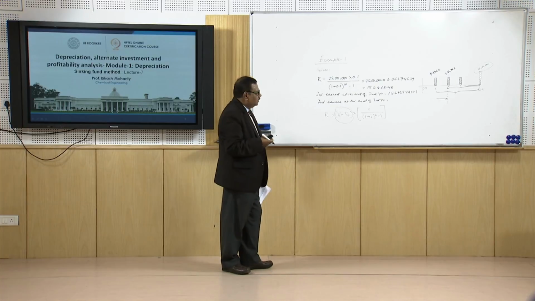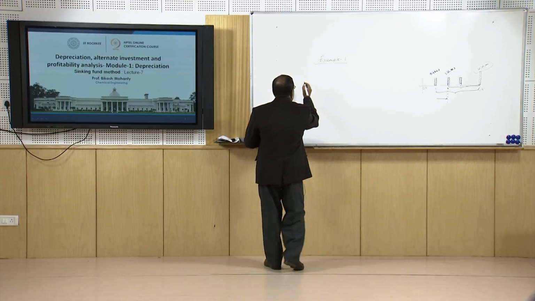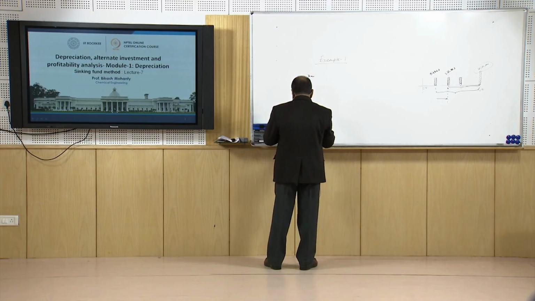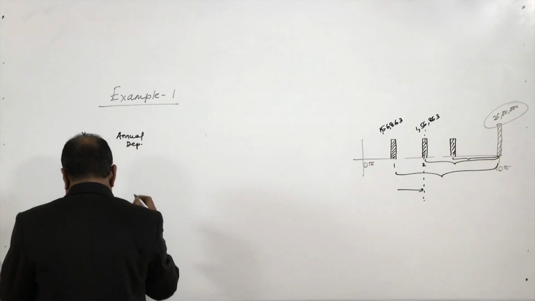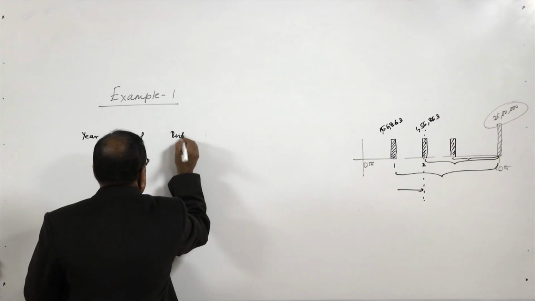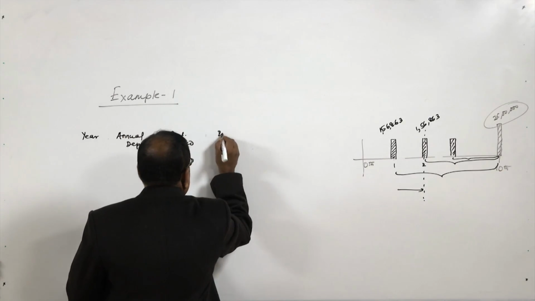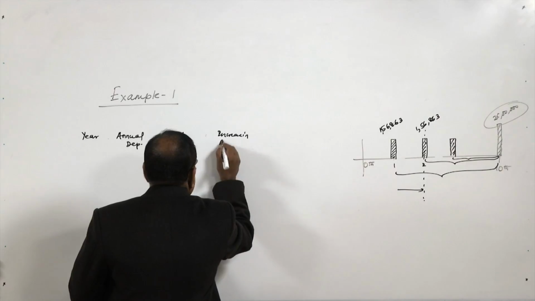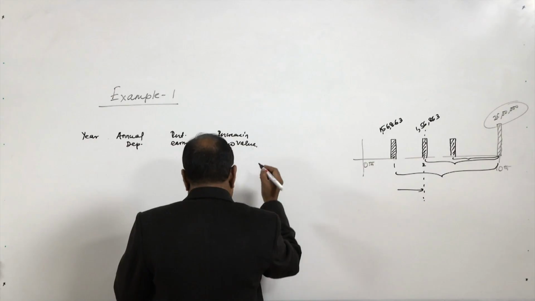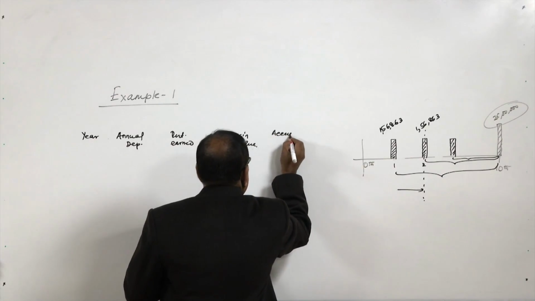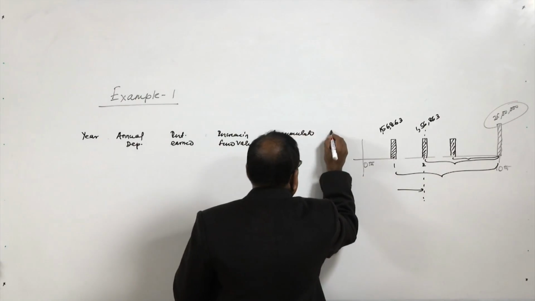now if you see this table, then you will find the columns: year, annual depreciation, interest earned, increase in fund value, accumulated depreciation and book value.